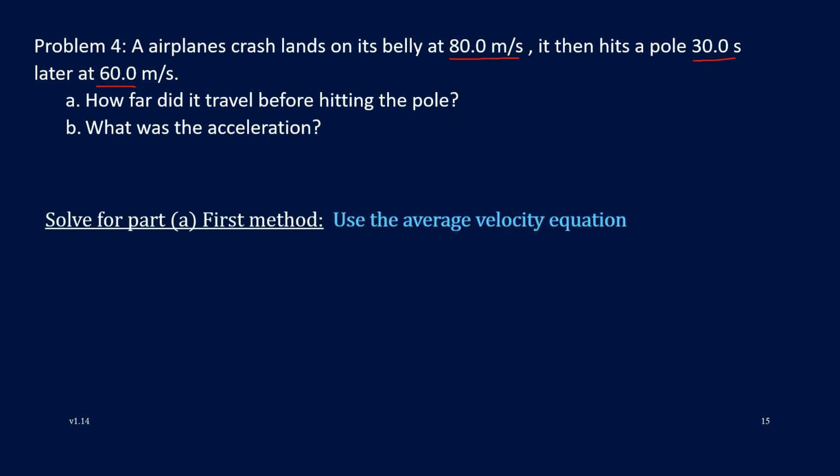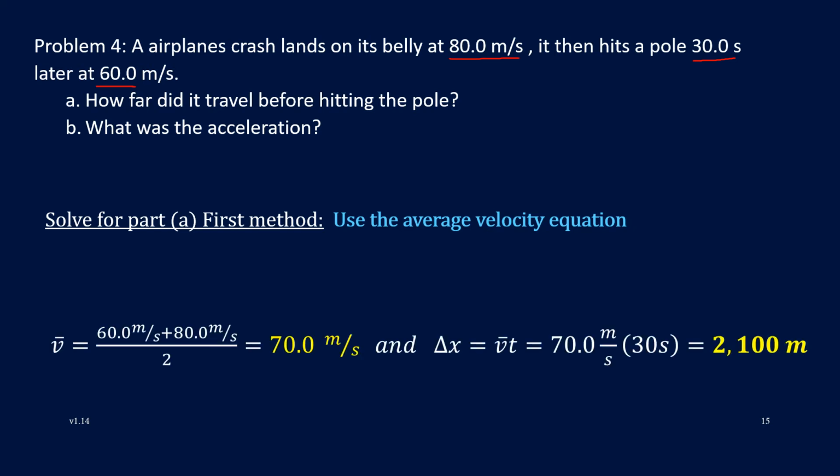First method, use the average velocity equation. So that's where I'm going to show you where the average velocity equation can come in pretty handy. Here we have the average velocity equation, and I have plugged in the two velocities and got 70 meters per second. Then we take this equation right here.